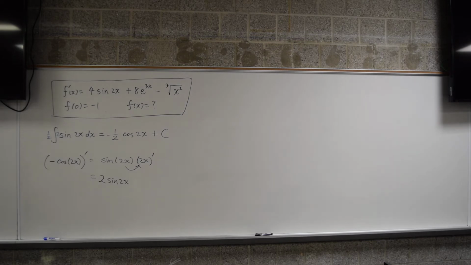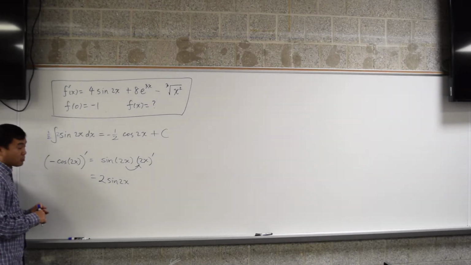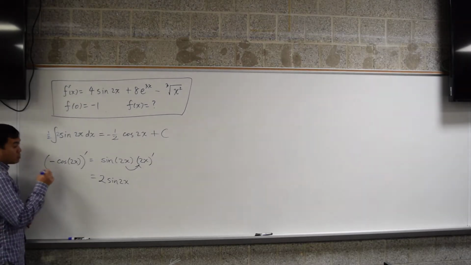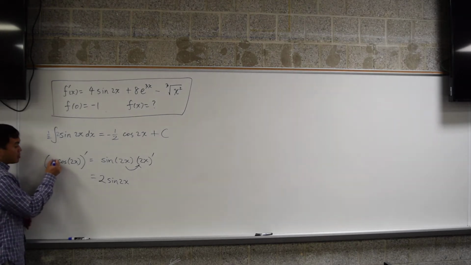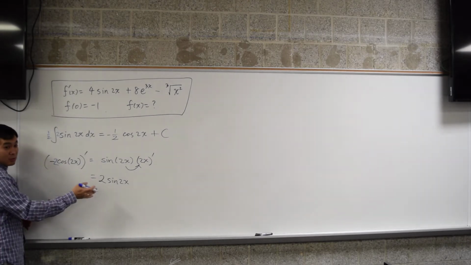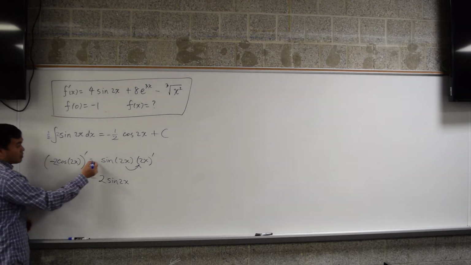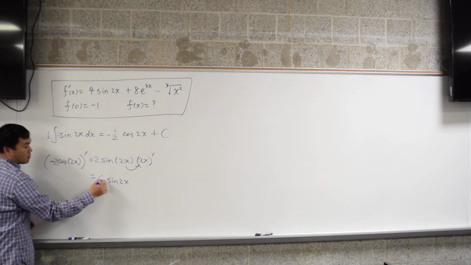Yes? I got negative 2 cosine 2x. Well, whenever you're not sure whether your answer is right or wrong, then you should differentiate your result to see if that's right. So you're claiming that if you differentiate, you would get sine 2x. But you see that if this was there, then this would be 2 here, and then 2 times 2 would give you 4.